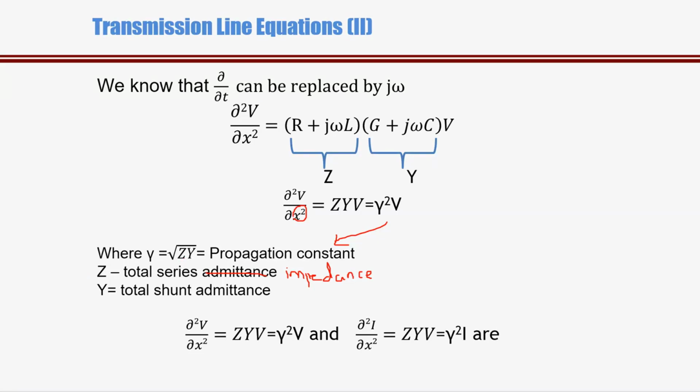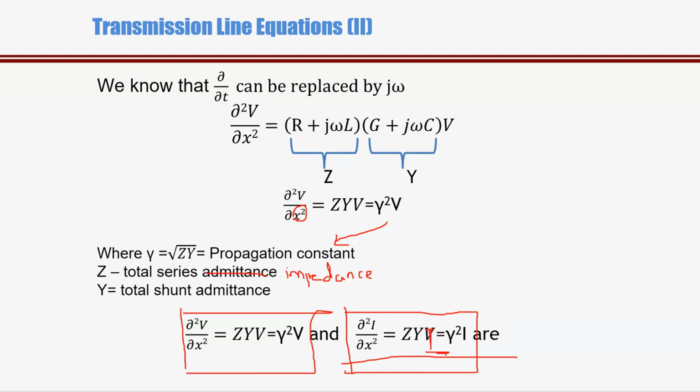So similar to the voltage, we can write the equation for current as dou 2I by dou x square is equal to z y into I. Here it should be I. Right, and it is equal to gamma square into I. So these are the equations in terms of z and y parameters for a transmission line. What is the first equation? Dou 2v by dou x square is equal to gamma square v, and the second equation is dou 2I by dou x square is equal to gamma square I.